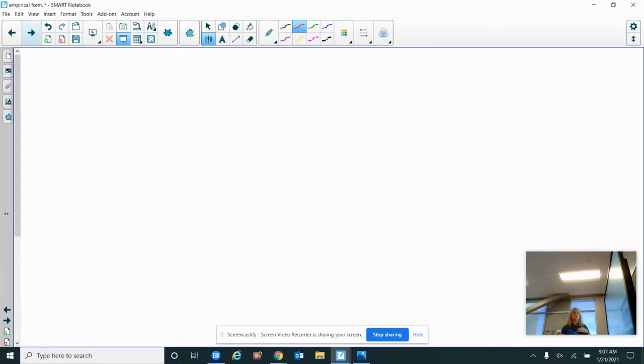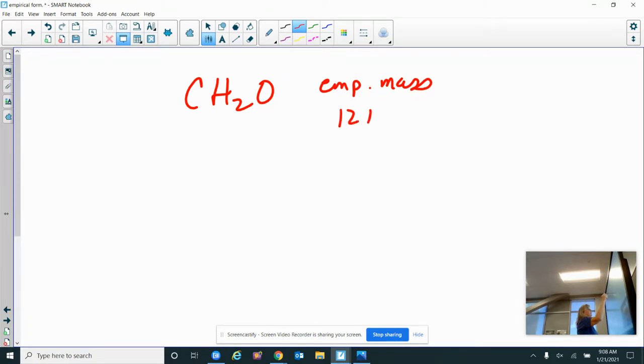If we were told that the empirical formula was CH2O, okay, we solve for that, we get CH2O. When we add up that empirical mass, we'll have 1 carbon, which is 12, plus 2 hydrogens, which is 2, plus an oxygen, which is 16.